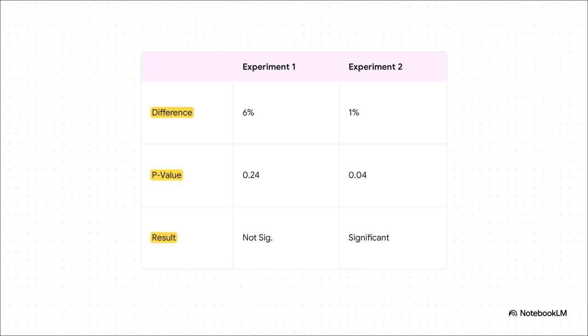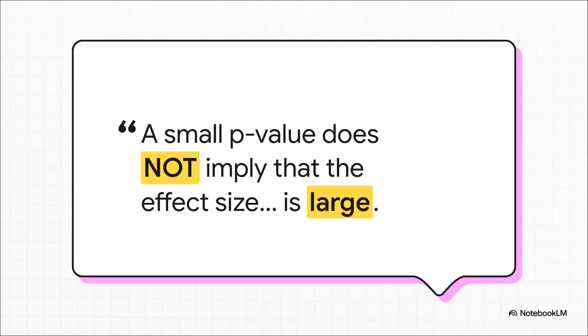But because our sample size is so huge, the p-value is 0.04. That is statistically significant. And that is the critical takeaway. A p-value tells you how certain you are of an effect, not how big the effect is. You can be very, very confident that you found a very, very tiny difference. Statistical significance does not always mean practical, real-world significance.